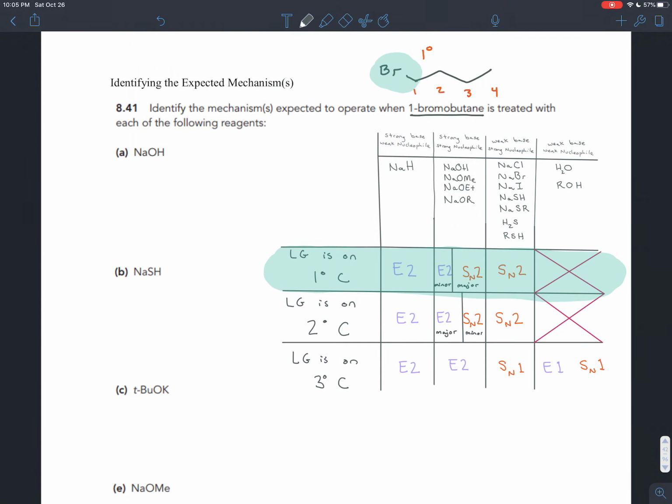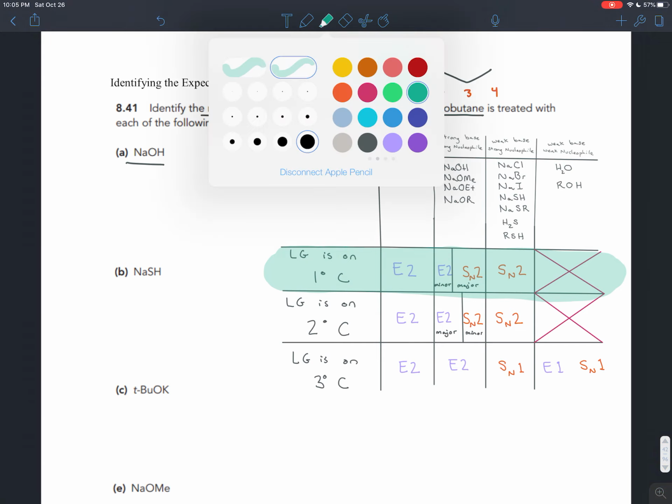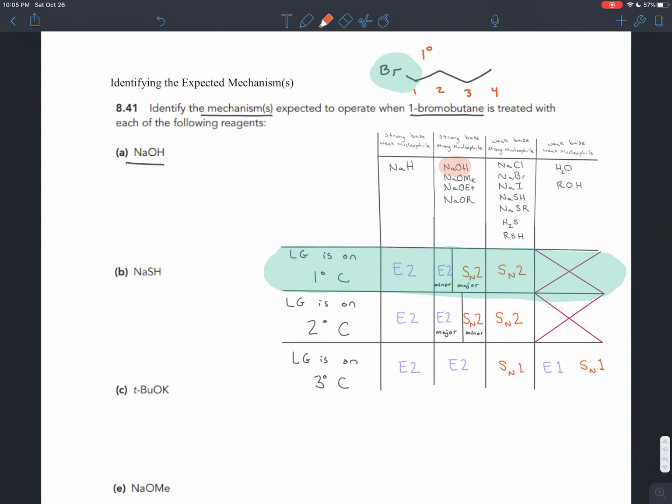They say, identify the mechanism or mechanisms expected to operate when you treat 1-bromobutane, leaving group on a primary carbon, with the following reagents. So in this first one, we have sodium hydroxide. And you would recognize that sodium hydroxide is a strong base and a strong nucleophile, which means that where these two overlap, we'll have 2 mechanisms.